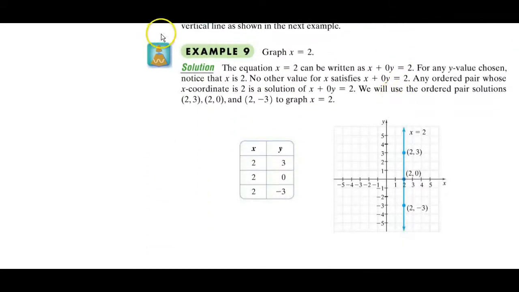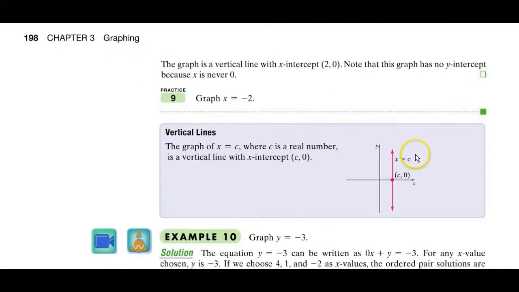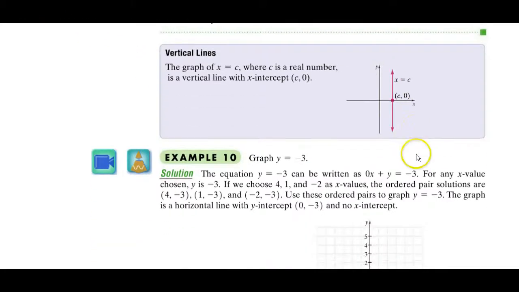Okay, and then reviewing these, we said this was that special equation x equals a, which is a vertical line through the x-intercept. And there's just another one.